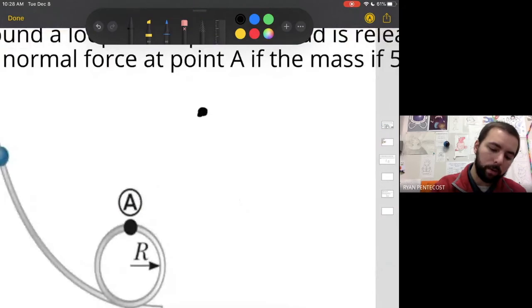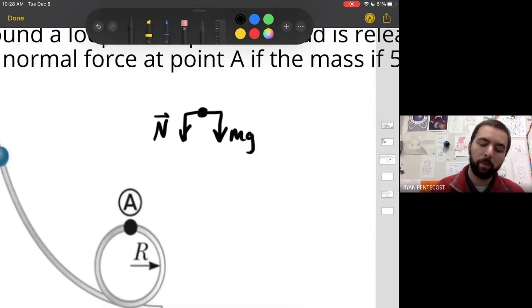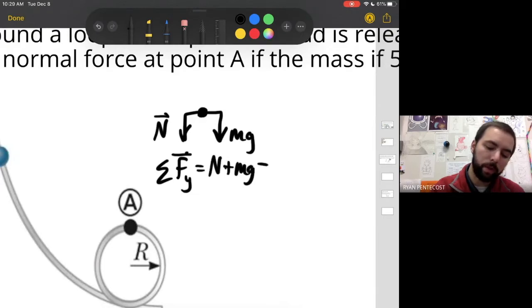So we have the normal force, which is what we're solving for. We also have mg. This is at the top of the loop, so that's why the normal force is down, right? So our summation of forces in the y: we've got normal plus mg equals mv squared over r.